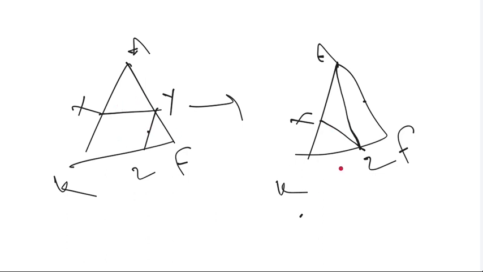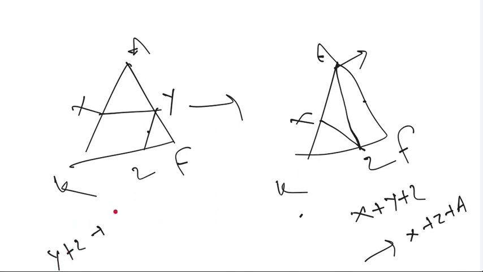So you can write x plus y plus z gives x plus z plus A. A means that any mineral should be there. Or you can write y plus z gives z plus A. No, no, no. Z is common, na?